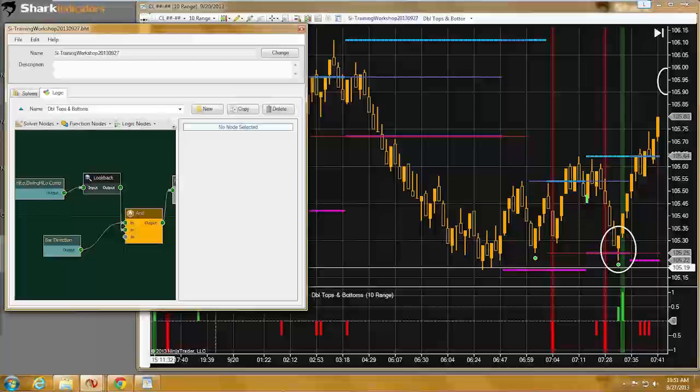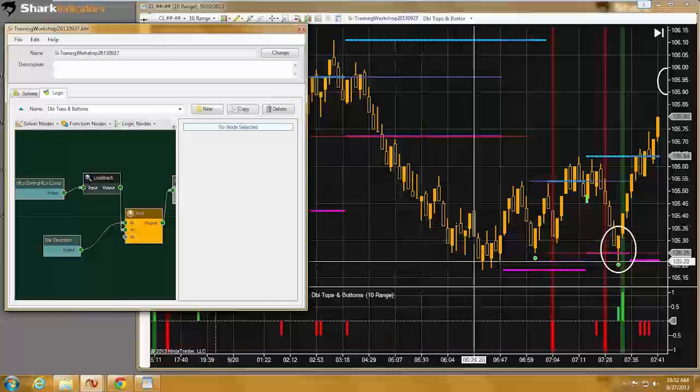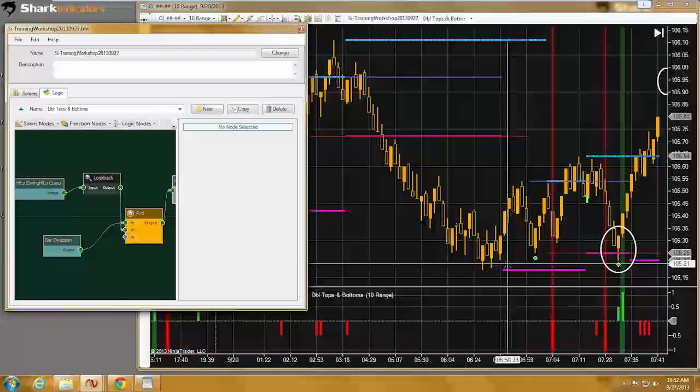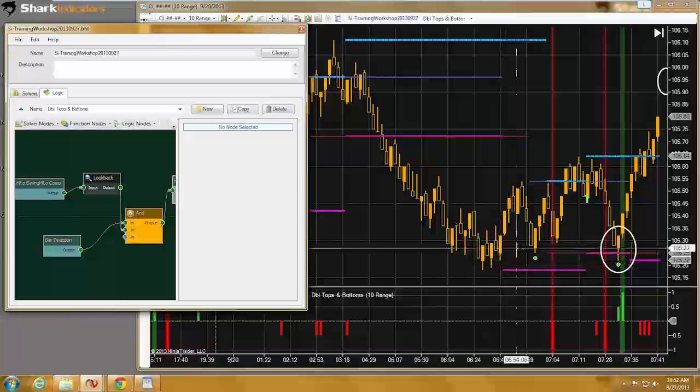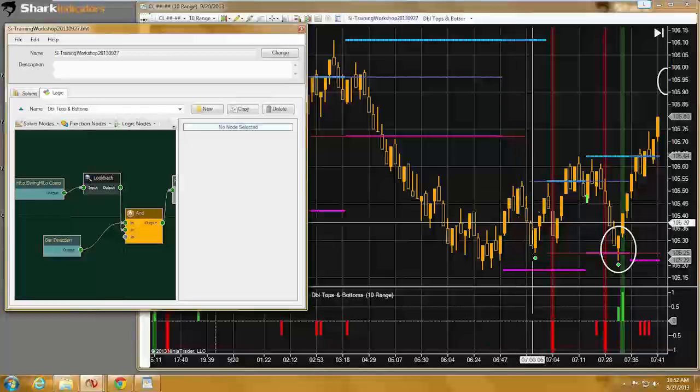All right, let me get back to some of these comments. Julie is commenting that she would want to use this on a higher time frame chart, looking for the bigger double top and double bottom moves, and then probably looking for smaller entry points.